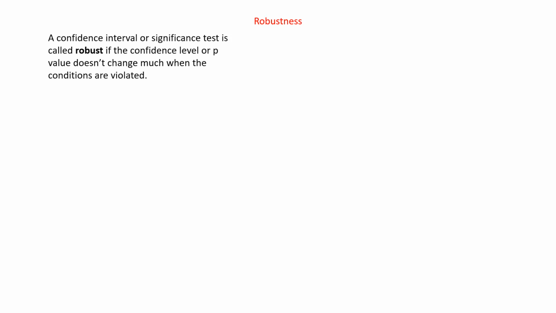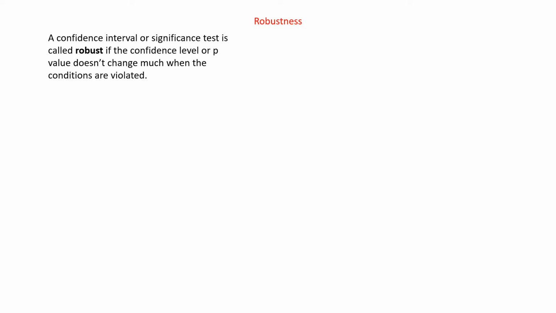Robustness, that's a fun word. Robustness is the resistance to conditions being violated. Now, the condition that is not being violated is the simple random sample. That is huge because remember, there are no fancy formulas or special techniques to deal with bad data. Bad data equals bad statistics. So we still need good data, but good data might not be normal. If the population's not normal, the sample might not be normal.